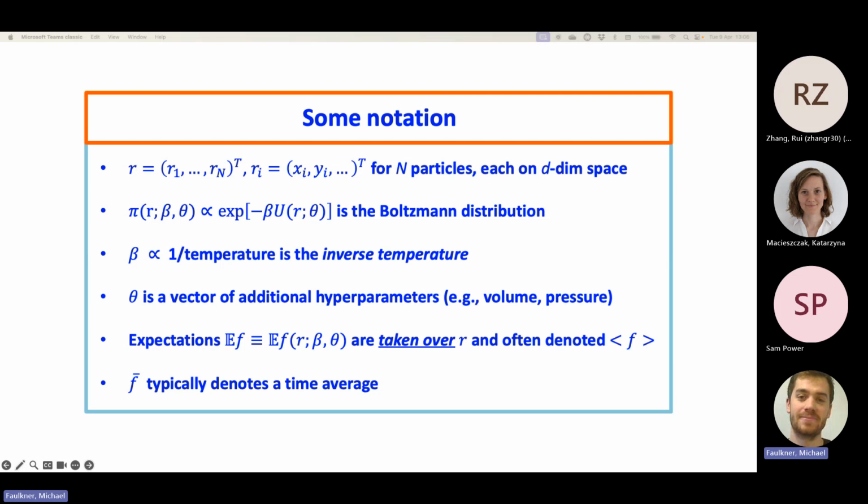People sometimes denote expectations in this strange sort of inner product notation. Sorry, you'll see on Thursday. It's always obvious that it's not an inner product because you haven't got two things in it. But just be aware that it's not a norm or anything like that. And F bar typically denotes the time average in statistical physics, although I don't think I use that there. And just as Sam said, just stop me at any point if you have any questions.